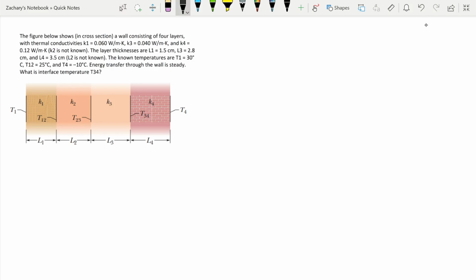Okay, if we have a slab here, and this side is hot with a temperature of TH, and this side is cold with a temperature of TC, then heat is going to be transferred across.